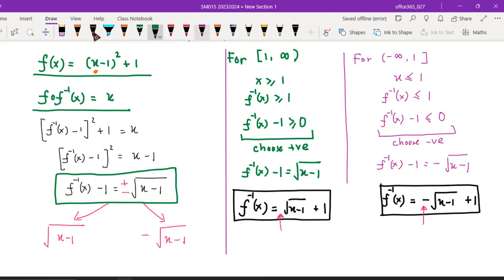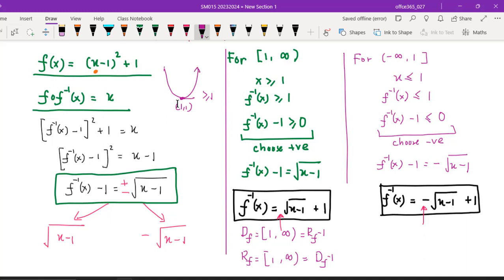Now we have to write the domain and range. Automatically, the domain would be 1 to infinity, and the range of the inverse would be from 1 to infinity as well. It is the same because from the graph, the turning point is (1, 1), so on the right hand side, greater than or equal to 1, the values of y do not change.